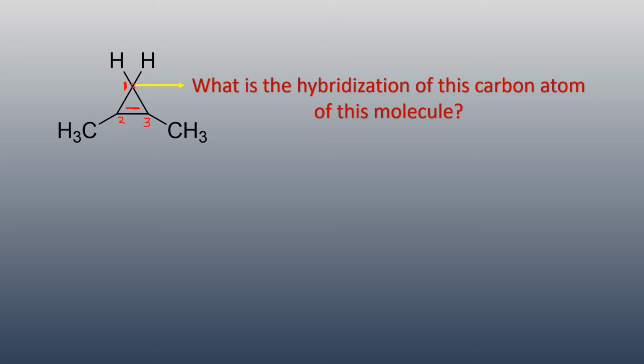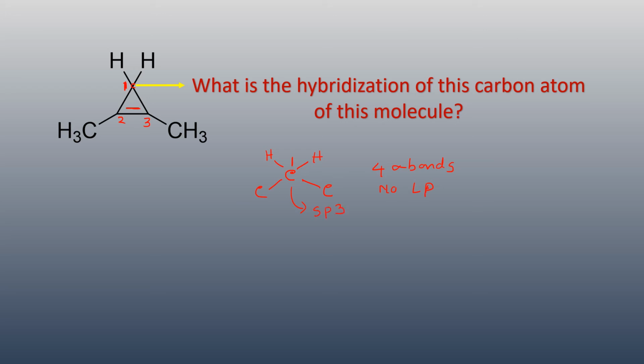So if we look at carbon 1, it has a sigma bond with hydrogen, another sigma bond with another hydrogen, and carbon and another carbon. So carbon number 1 has 4 sigma bonds, no lone pair. So that means this carbon is sp3 hybridized.